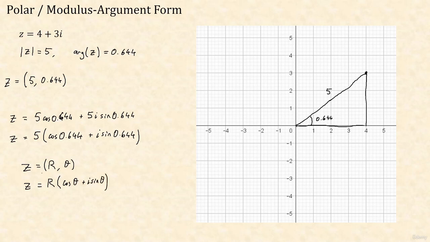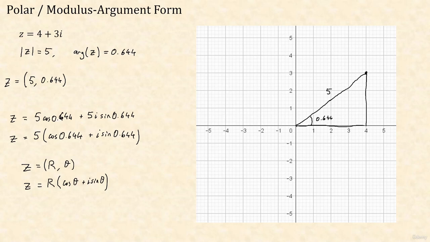So this is a really useful way to represent complex numbers. You'll see why soon. But if you have a modulus r and an argument theta, representing it in the shorthand here or in the long form of r times cos theta plus i sine theta, where theta is the argument, is how we do it.